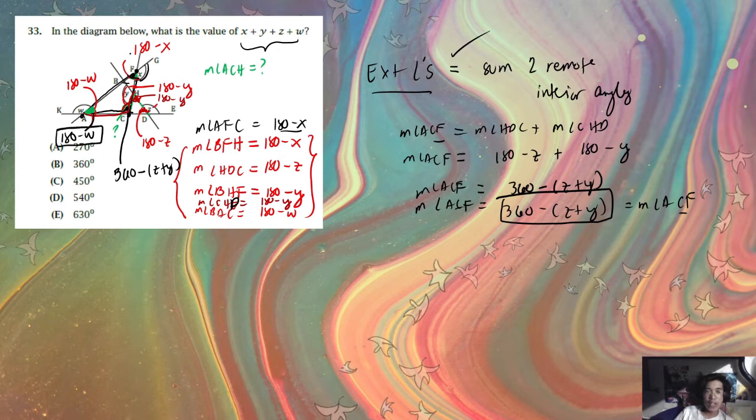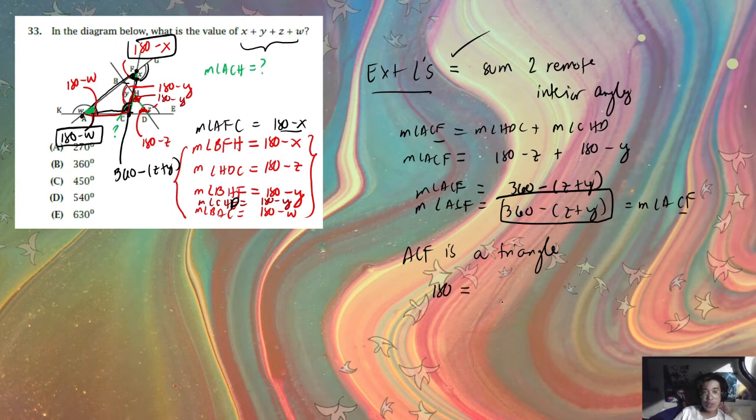So we have 180 minus w for this angle, 180 minus x for this angle, and for this angle over here 360 minus quantity z plus y. So therefore, since we know that ACF is a triangle, we can say that the total interior angle measurement of triangle ACF is 180.